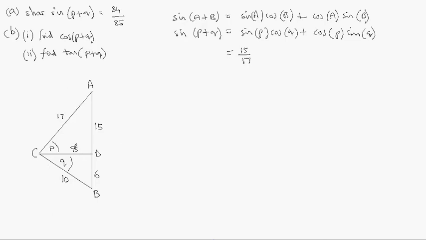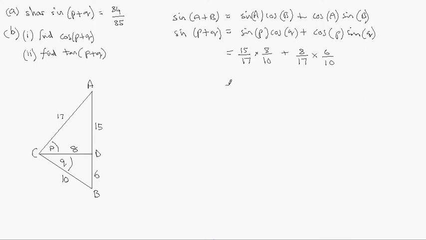Well, cosine is the adjacent side divided by the hypotenuse, so 8 upon 10, plus cosine of p, which is again the adjacent side 8 divided by the hypotenuse 17, so plus 8 upon 17 times sine of q, which is the opposite side 6 upon the hypotenuse 10, so times 6 upon 10.